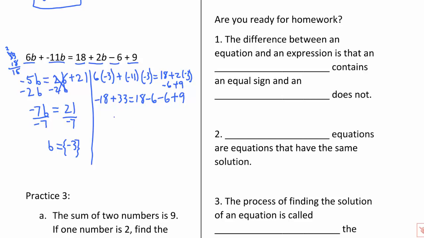So 33 minus 18 was 15, and the largest of the two is positive, so that makes this positive, is equal to 18 minus 6. 18 minus 6 is 12. 12 minus 6 plus 9 is what we have on the other side. So 15 is equal to 12 minus 6, which is 6 plus 9. And 6 plus 9 is 15. Notice that that checks out. Therefore, this is, in fact, the solution.